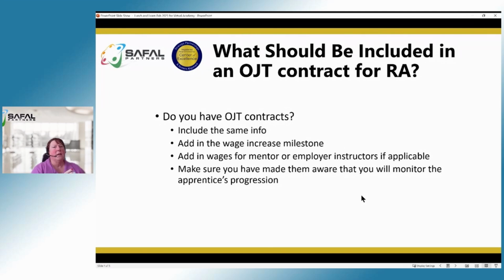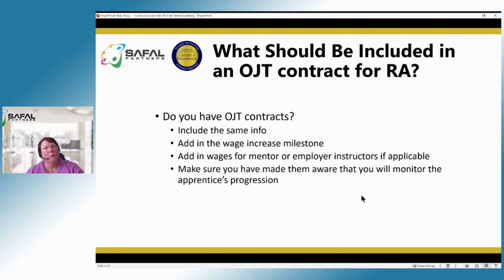When we're talking about having an OJT contract, you probably already have things in there like the name of the person, the name of the organization, the address, all of that demographic info. You probably also have the number of hours you're going to pay for, and the max wage or the max dollar amount you're going to pay.